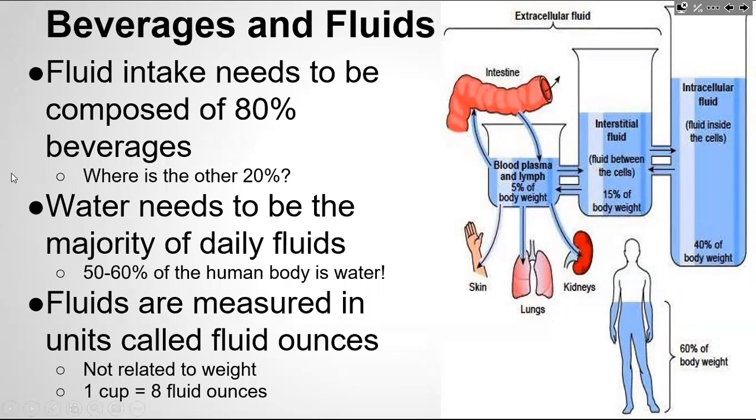Now I got here that you should have your fluid intake be about 80% beverages. Where do we get the rest of our fluids? Like fruits and vegetables that are high in water content. That's definitely one of the places.